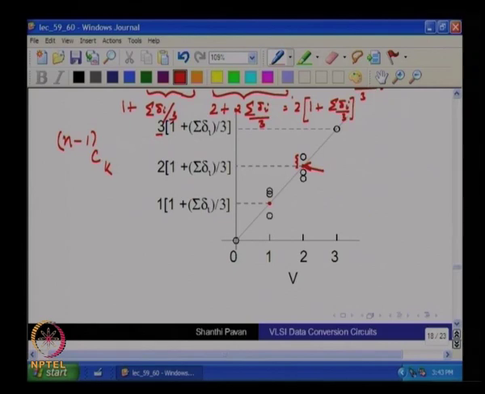So, the sum of all the deviations of a particular code from that hypothetical straight line, which passes through the centers of gravity of all these code choices, is 0, and that is true for any code. Okay.